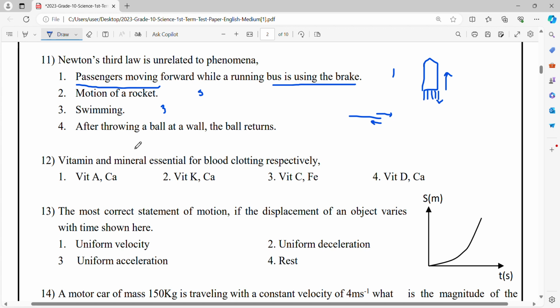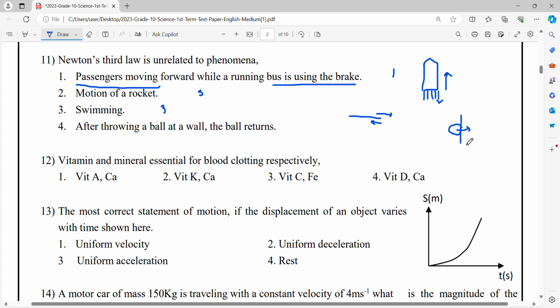After throwing a ball at a wall, the ball returns. When we throw a ball at the wall, the ball applying force on the wall is action.